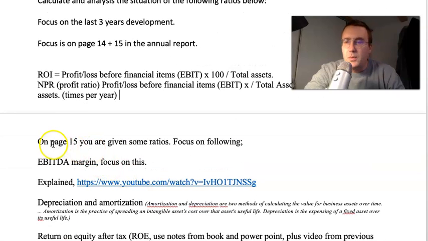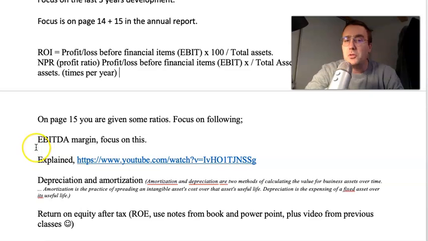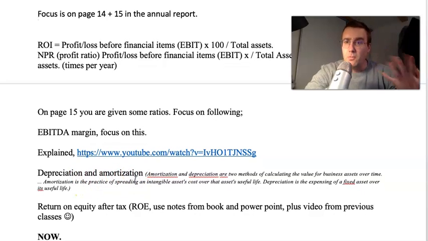And then on page 14 and page 15 in the annual report, you find the financial figures, and these are your focus. But I also want you to look at EBITDA, and this I have explained in a short video here. Primarily there's also some assistance here with notes in terms of what depreciation and amortization are, just in case you don't remember exactly what they are.